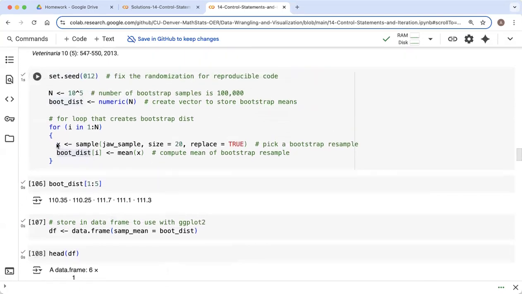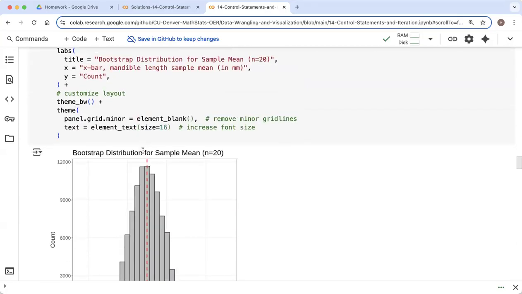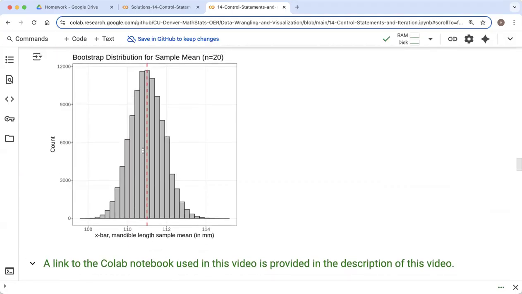And inside that for loop, there were really two actions: pick a bootstrap resample, calculate the mean of that bootstrap resample, store it, and then repeat. And this was the result. The whole goal of a bootstrap distribution is that we would like to estimate an unknown population parameter.